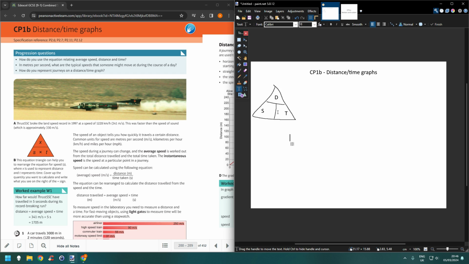And if you want to find the time, you can do distance divided by speed, which will give you the time in seconds. So, we can write distance divided by time equals speed. We can also write down here speed times time equals distance.